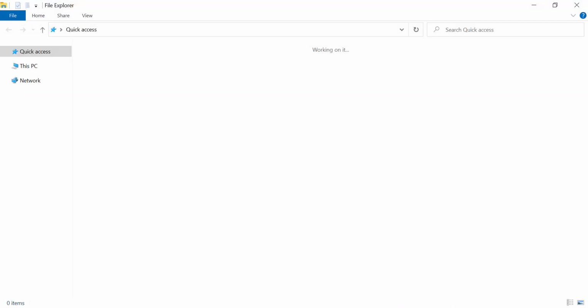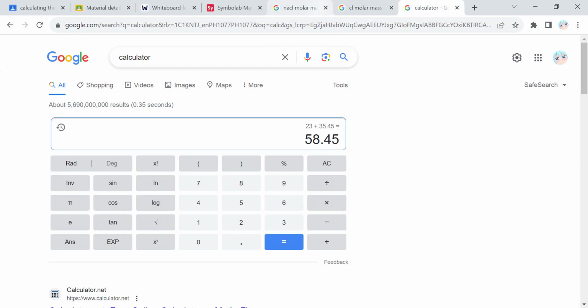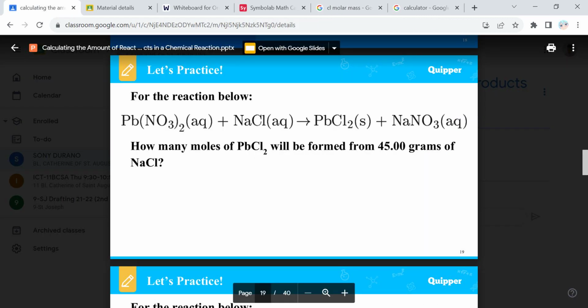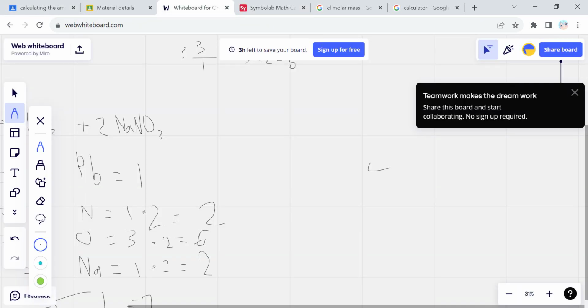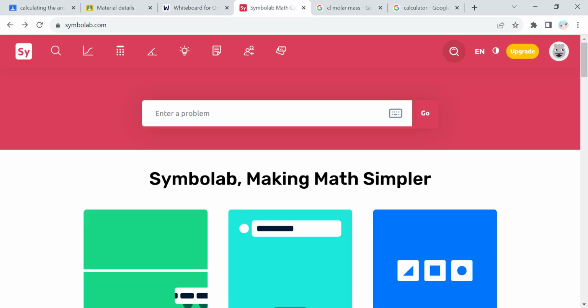You can also use 58.44, but again, we're not allowed to use our periodic table. You just have to add the two and get the total molar mass for both of them. After that, first you're gonna get the given grams of NaCl, which is 45, and then you divide it by 58.45.